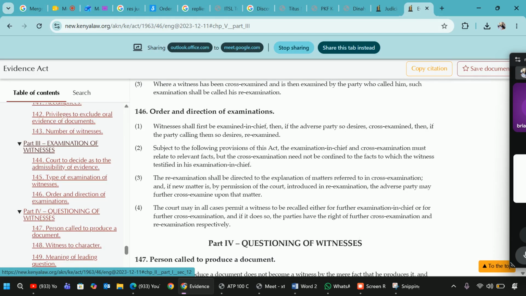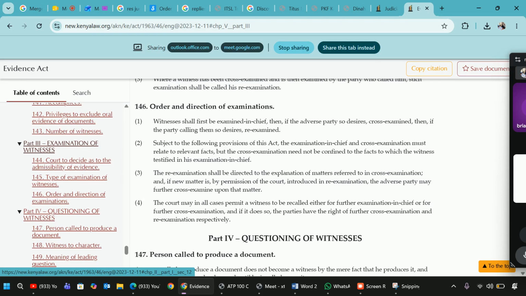Order and direction of examination. Section 146. 1. Witnesses shall first be examined in chief, then, if the adverse party so desires, cross-examined, then, if the party calling them so desires, re-examined. 2.